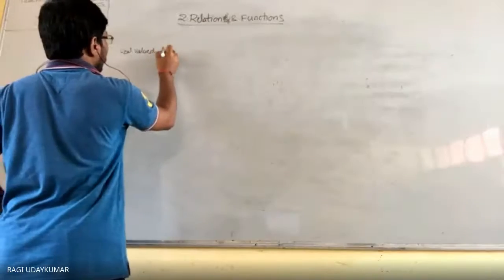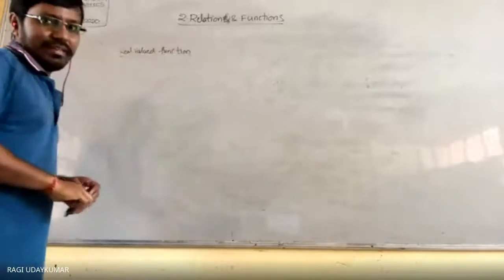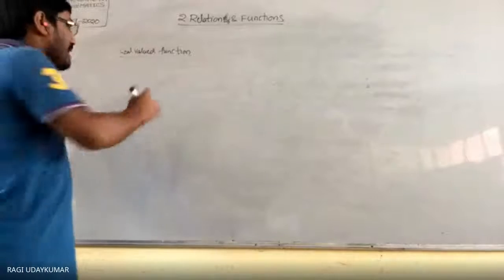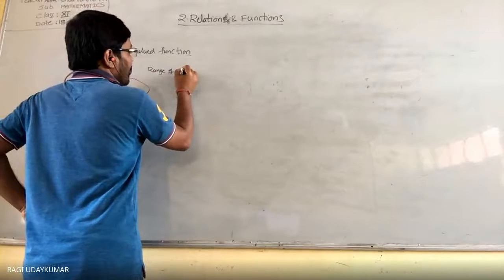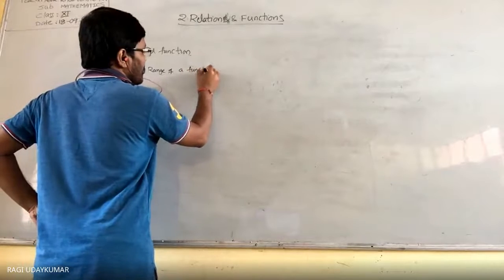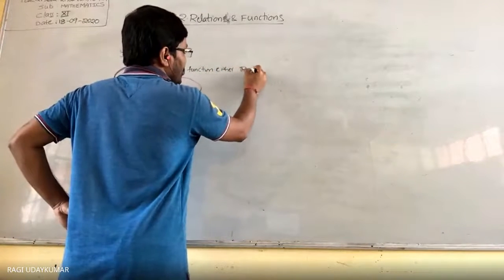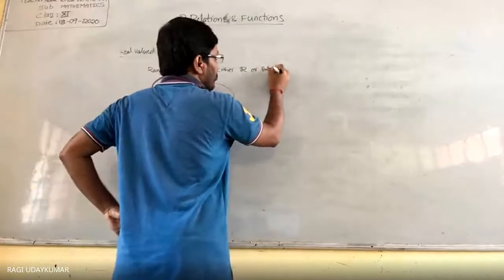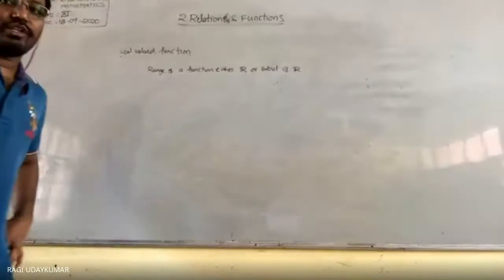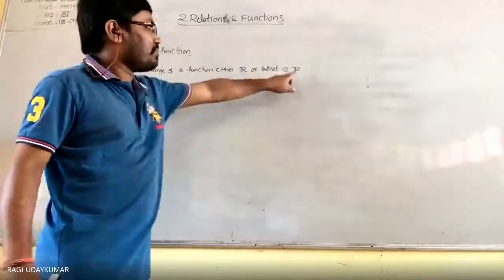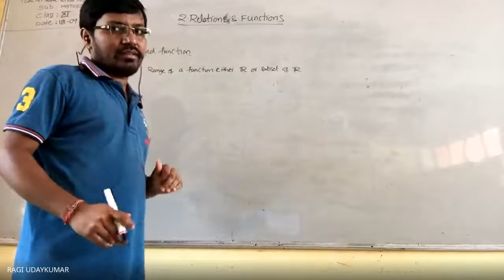A function is called real valued function if the range of the function is either real numbers or a subset of real numbers. If the range of any function is real number or any subset of the real number, then that function is called as a real valued function.